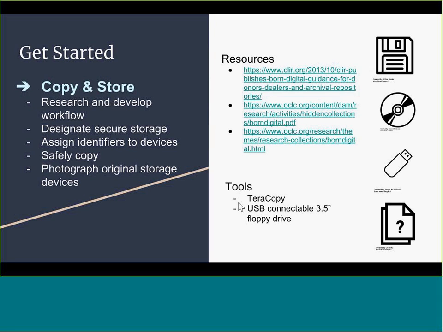You can get them connectable by USB, so they'll connect to a contemporary computer with no problem. You can find these on eBay, at thrift stores, Amazon, all kinds of places. It's still possible to get some of these older drives for flash disks or zip disks and that kind of thing. So those are out there if that's your first barrier to trying to copy things off.